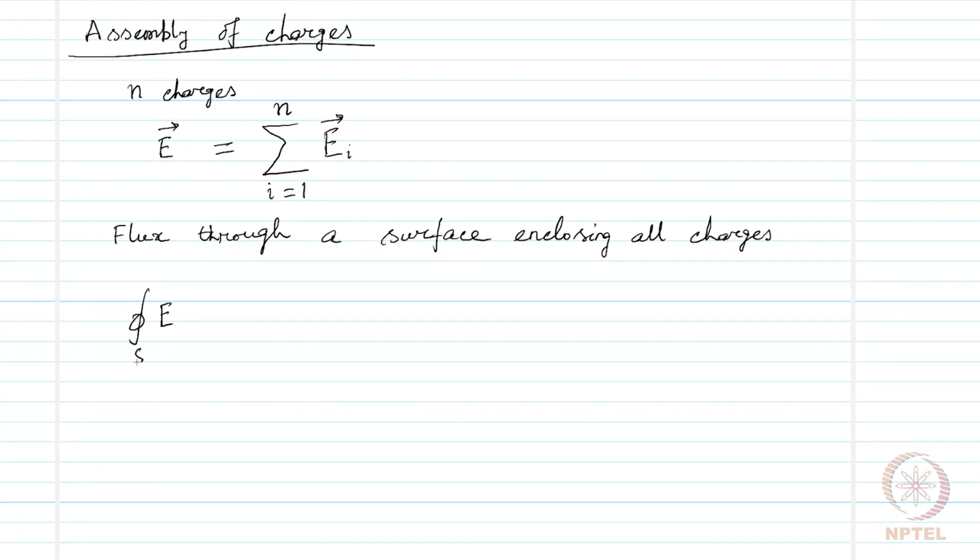the closed surface integral over E dot dA equals the sum over i equals 1 to n of the closed surface integral over the electric field due to each individual charge dot dA.